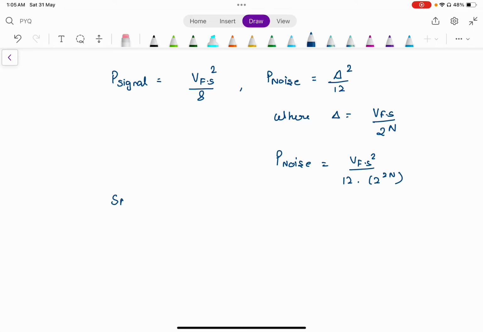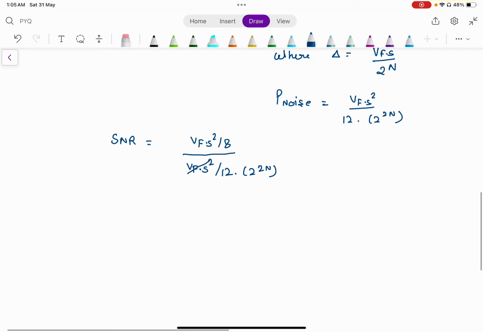Now SNR would be V full scale voltage square divided by 8, whole divided by V full scale voltage square divided by 12 into 2 to the power 2n. The full scale voltage gets cancelled out. It comes out to be 12 upon 8 into 2 to the power 2n.